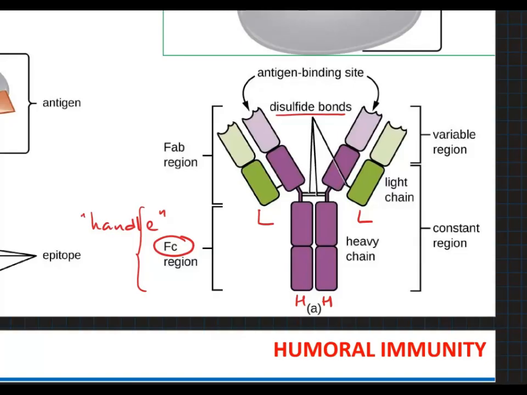Your immune cells can recognize and bind the Fc region. The prongs of the fork are variable and termed the FAB region, which stands for antigen binding fragment.